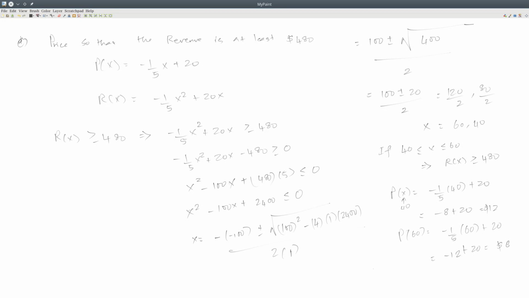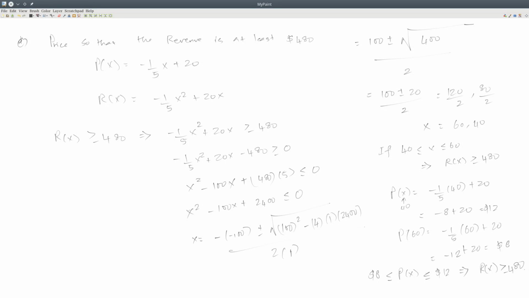So if the price is between $8 and $12, then that would imply the revenue would be at least $480.